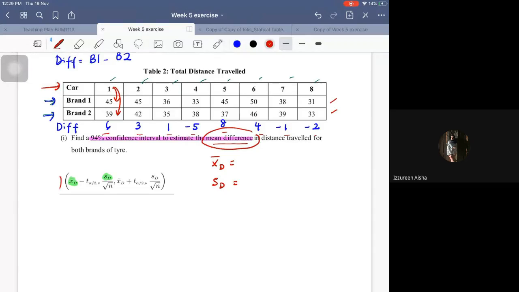So 2.75, is that for the mean or the X bar? 2.75 for the X bar. Zurin said that she got 2.75 for the X bar. Anyone got the same answer?